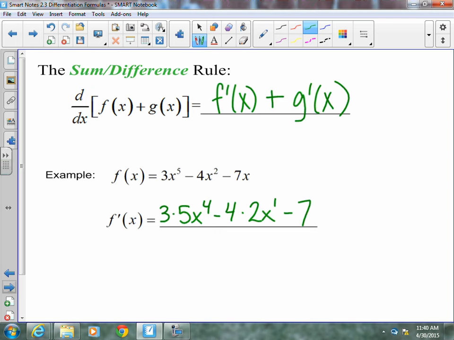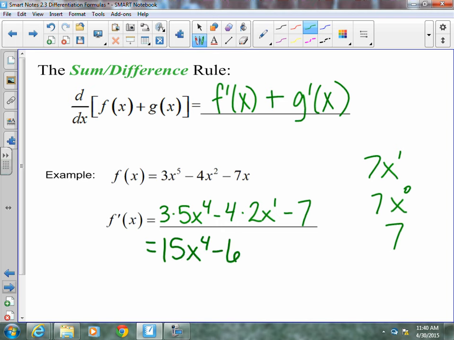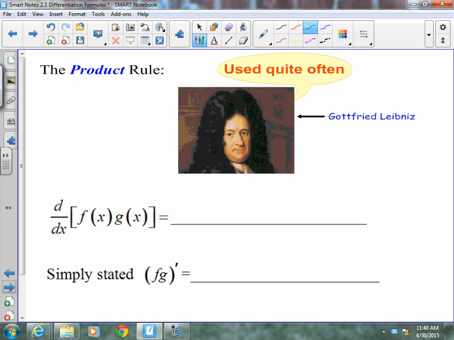And the 7x is 7x to the 1st, so it becomes 7x to the 0, which is just 7 because x to the 0 is 1. And we get 15x to the 4th minus 6x minus 7. And again, eventually you won't have to show this step. You'll be able to go directly to the derivative.